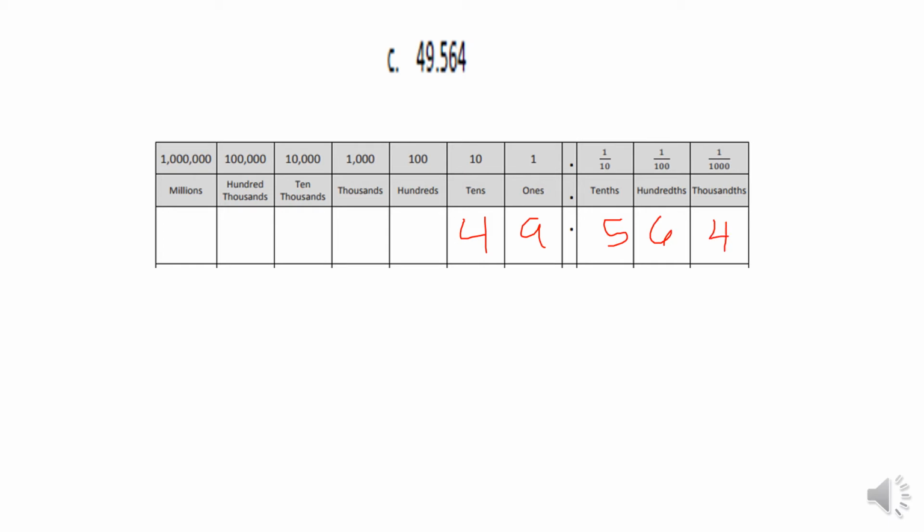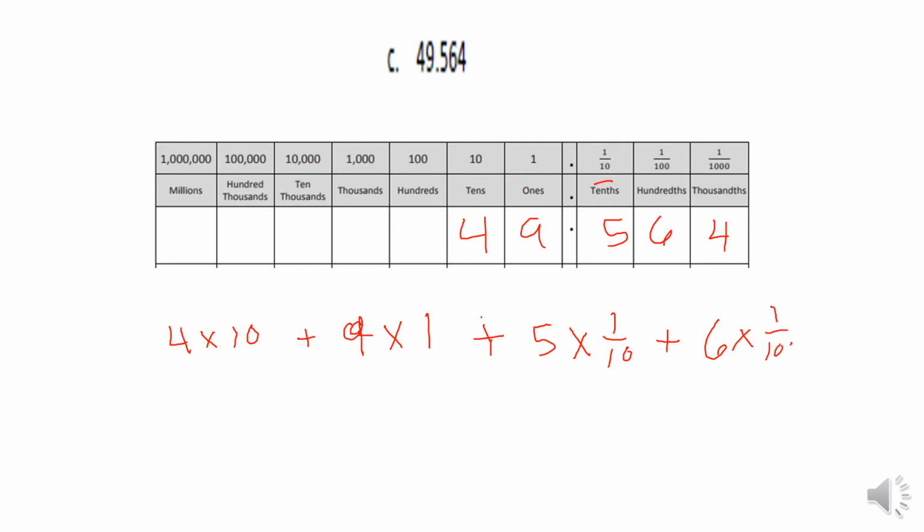Once again, we take the digit, in this case 4, times the place value, which is 10, plus 9 times 1, plus 5 times place value 1/10, plus 6 times place value 1/100th, plus 4 times place value 1/1000ths.